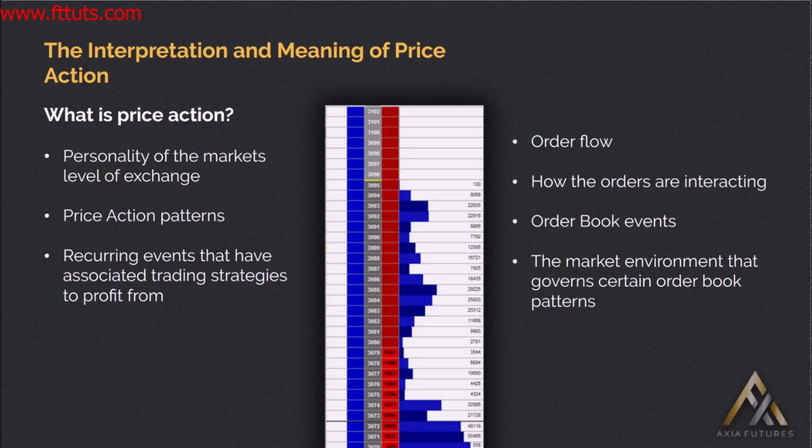And then there's the market environment that governs certain order book patterns. For example, as we look at the other modules down the course, when the market has a lot of activity, when the traded volume is going through the market very aggressively, very fast, well then in those types of conditions you're more prone to potential breakout trades, or it's easier to see absorption plays.